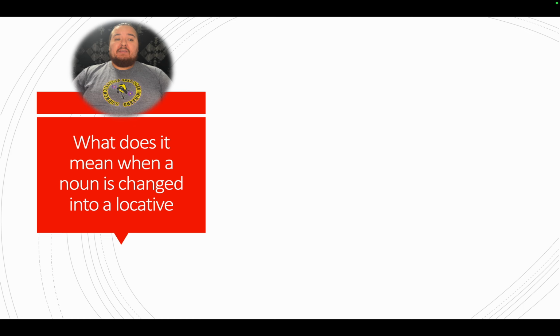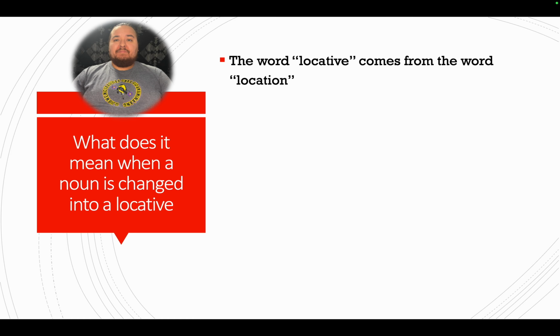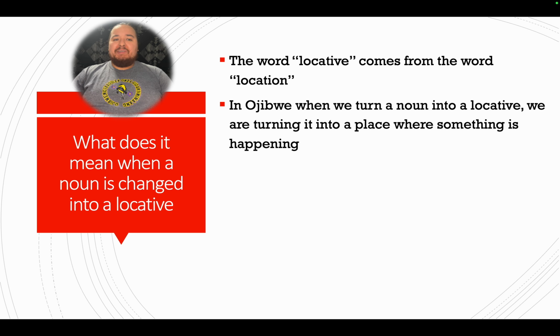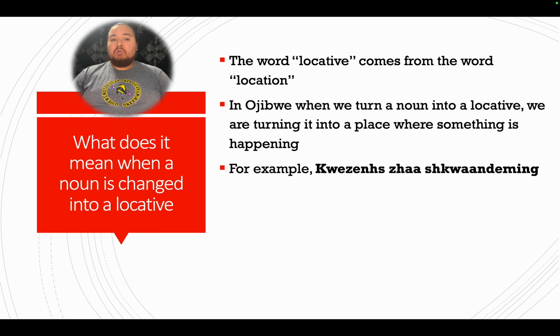So what does it mean when a noun is changed into a locative? So the word locative comes from the word location. In Ojibwe, when we turn a noun into a locative, we are turning it into a place where something is happening. For example, Kwezesh ja shkwandaming.